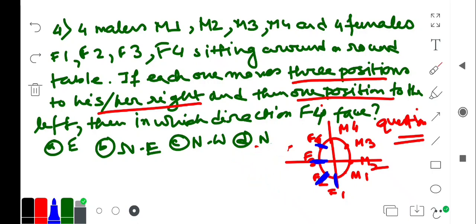Right means not that. Right means this side, our right hand. Left means this side, left hand. I always have confusion about right and left. So right means right hand and left means left hand.